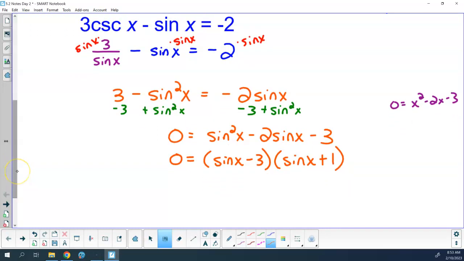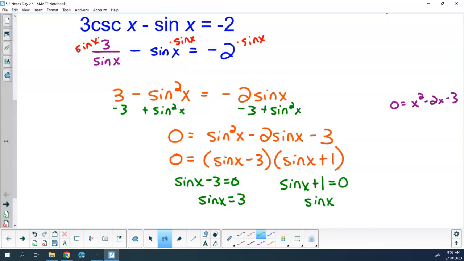From there, then, we can set sine of x minus 3 equals 0. So sine of x equals 3. First lap unit circle, where is sine equal to positive 3? Nowhere, right? Okay, so that one doesn't give me anything. Sine of x plus 1 equals 0.